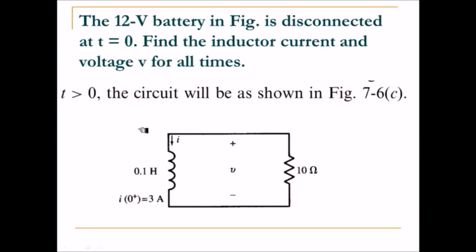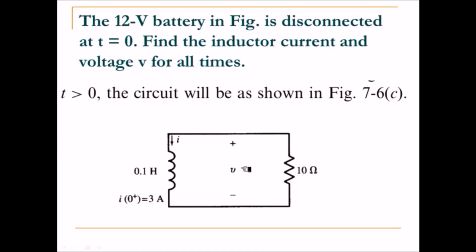When t is greater than 0, the circuit is shown in the figure. You'll have only the inductor and resistor in the circuit, whereas the power supply is disconnected. Am I right? So the current flowing through the inductor is 3 ampere now. This is due to the initial application of voltage in the circuit. So this 3 ampere current will flow through the circuit for a short amount of time.